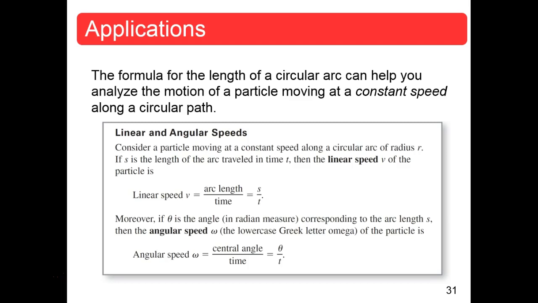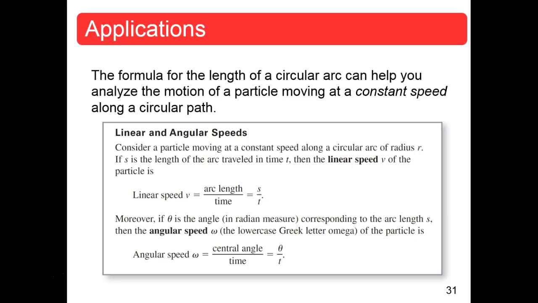Okay. So, consider a particle moving at a constant speed along a circular arc of radius r, whatever that is. If s is the length of the arc traveled in time t, then the linear speed v of the particle would be the arc length s divided by the time t, because that's how far it traveled in that time.